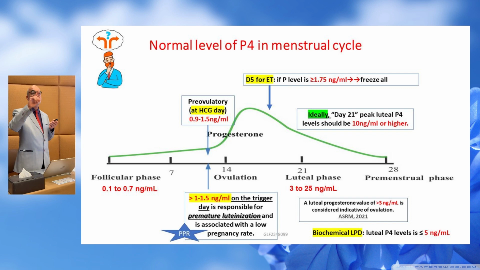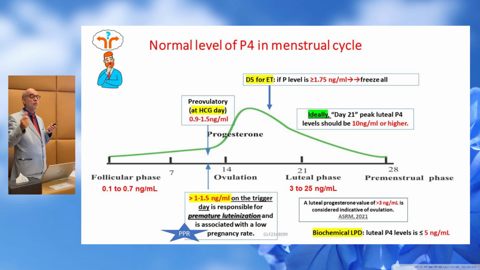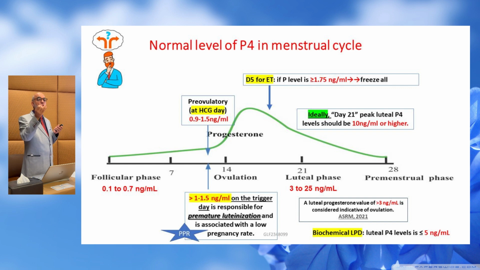But in the luteal phase, the level of progesterone rises and can reach up to 3 nanograms per milliliter, according to the American Society of Reproductive Medicine, can reach 5 nanograms or more, can reach 10 or more. What is the level I have to select in my clinic? I don't know, because different societies recommend different levels. And this is a confusing point.